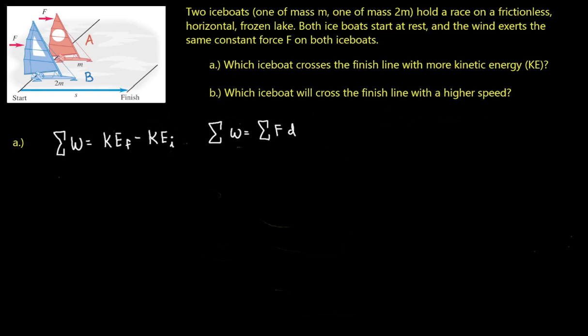So using both of these equations, we can write the equation: the net force times the displacement of an object is equal to the final kinetic energy minus the initial kinetic energy.